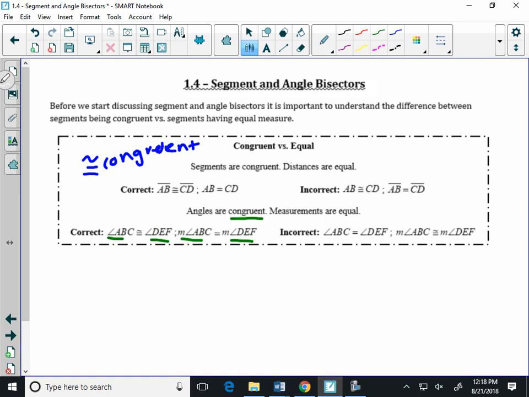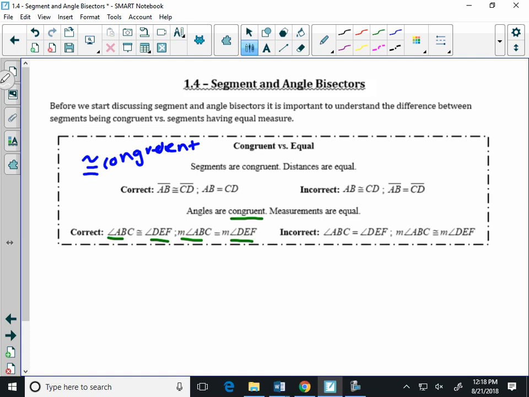So this is saying the measurement of angle ABC is equal to the measurement of DEF. The squiggle above the equal sign on the slide is a typo. There should be no squiggle above that. Just make note; you may have to change it on yours.